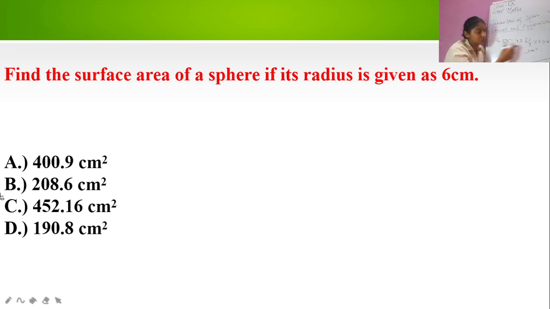So firstly, students, multiply, then divide, and find out what is the correct answer for this question. Yes, very good. So we have the correct answer, which is option number C. Okay, so this is the correct answer for this question. Please check this answer.